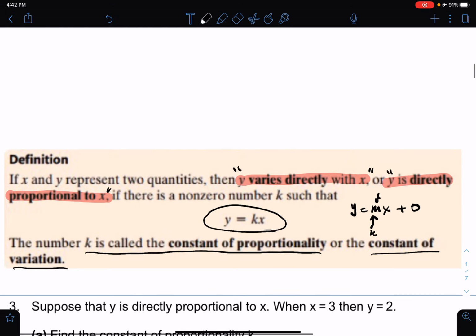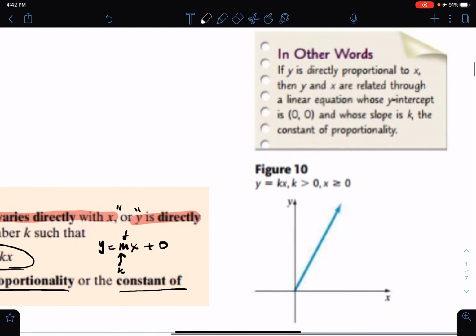Another thing to take a look at is kind of saying the same thing in other words. If y is directly proportional to x, then y and x are related through the linear equation whose y-intercept is 0, 0. It's always going to be 0, 0 right there, and whose slope is k.